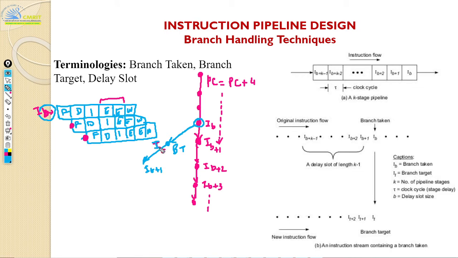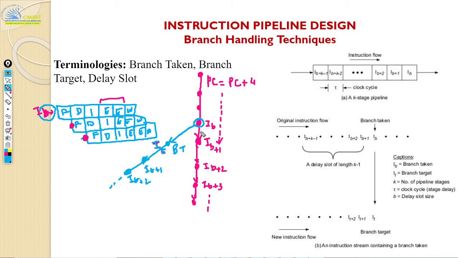We will also make this blue. IT plus 1, IT plus 2, and so on. Now you've branched out of your program, and after this it becomes again a sequential series. This will again become PC equals PC plus 4, and so on until you hit the next branch.